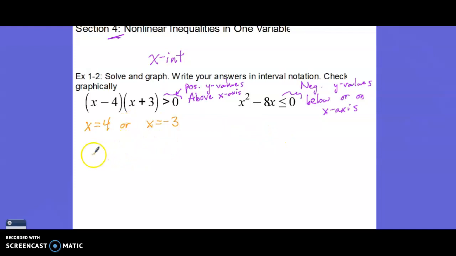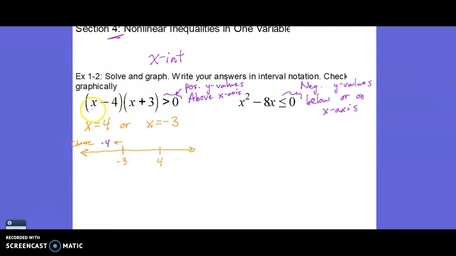The first method that the book actually uses is they write a number line, and they put this in order, so they write negative 3 before 4. And what they do is they choose a number that is to the left of negative 3. So a choosing option would be something like negative 4.